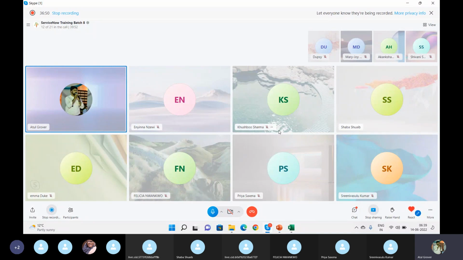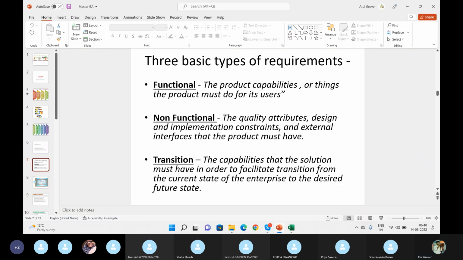Now, if I remove all the other body parts of the microwave, like the box, the glass, the buttons, will you be able to use that? No, you will say, Atul, it's too risky because there's no safety aspect here. So non-functional requirements are those which are required to provide quality attributes.